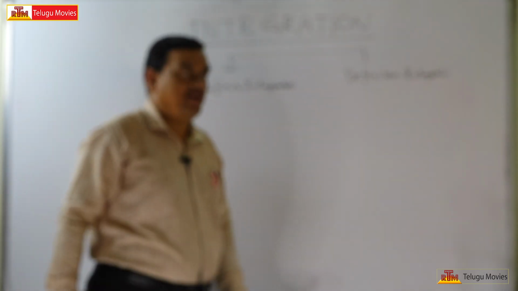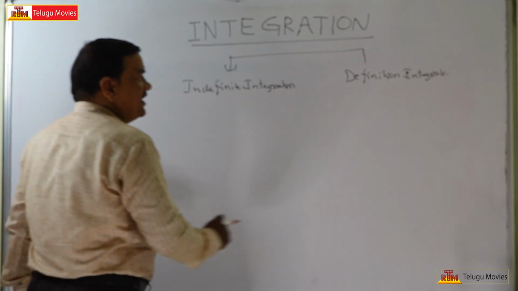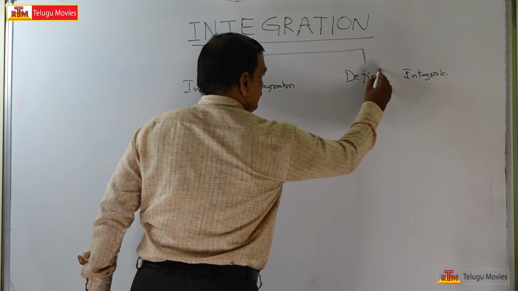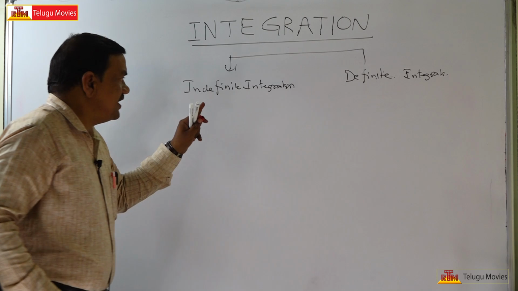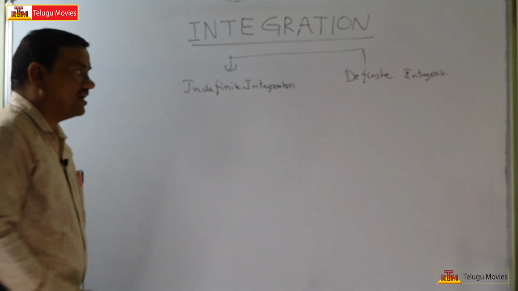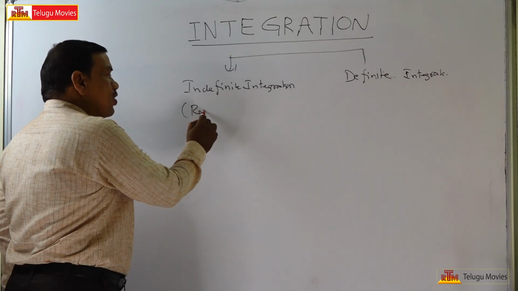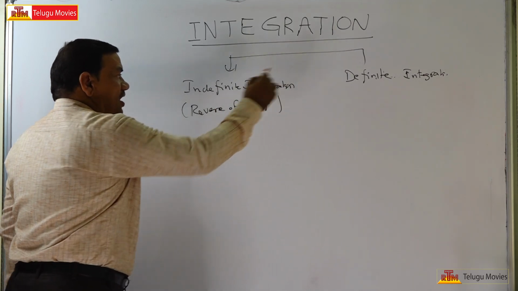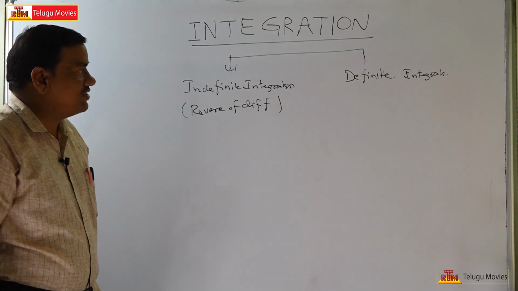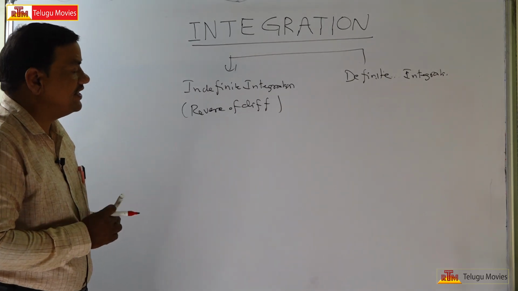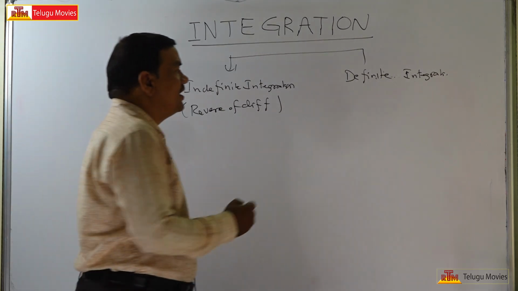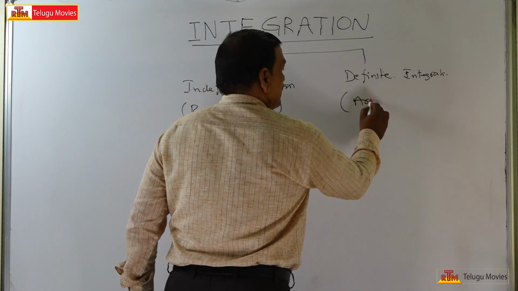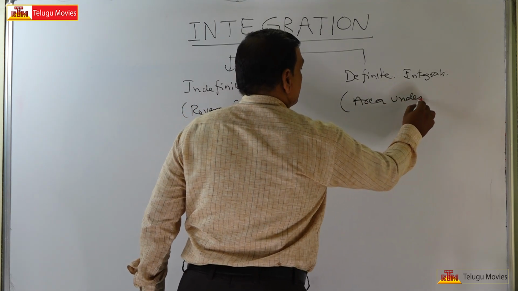This indefinite integration is nothing but the reverse process of differentiation. I will explain what that is. Reverse process of differentiation, whereas a definite integration is the area under the curves.